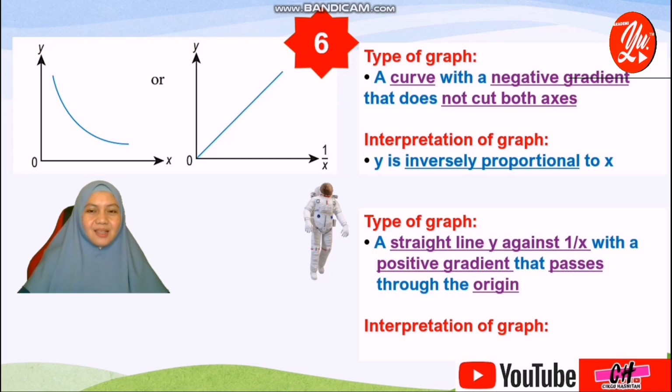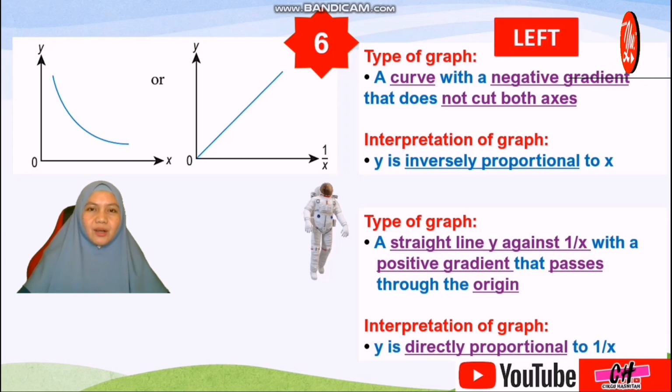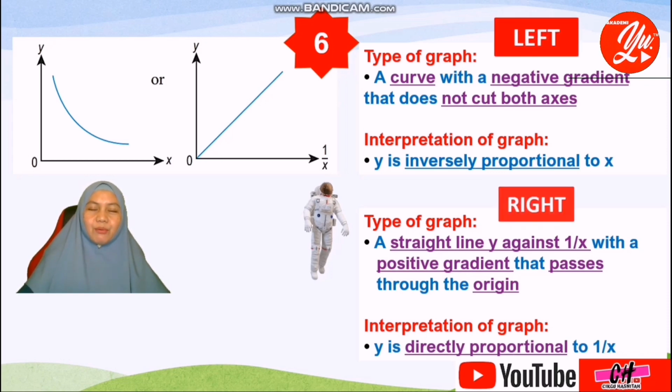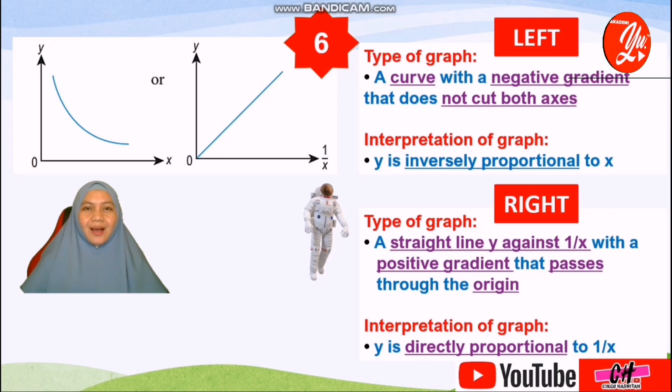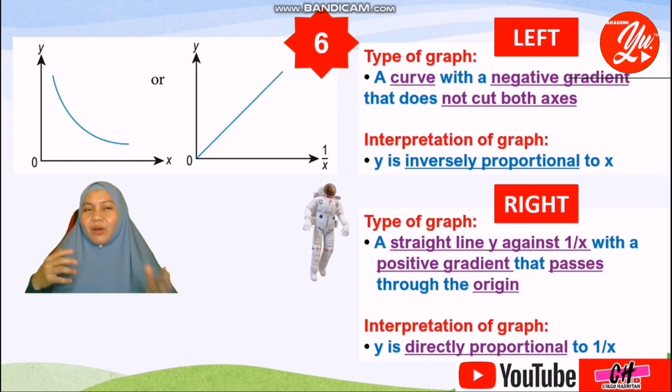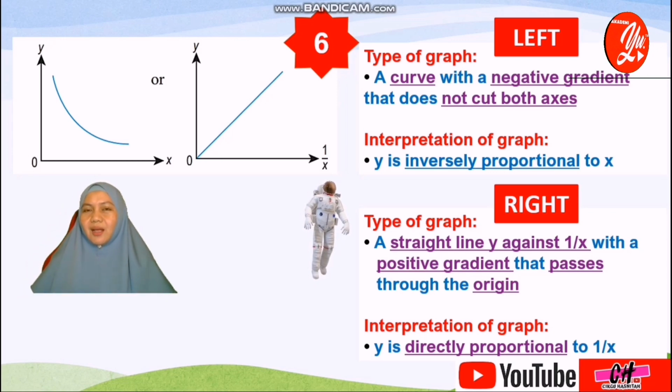It is y directly proportional to the reciprocal of x. So when you show this type of graph, number 6, we know that either on the left or on the right, y is inversely proportional to x.